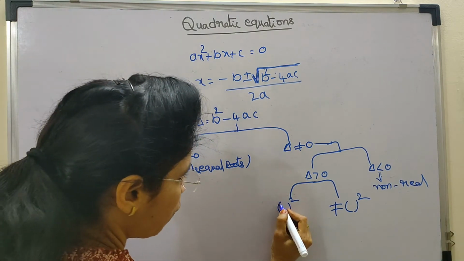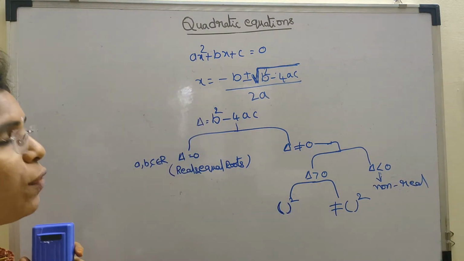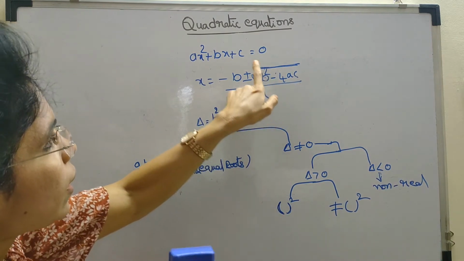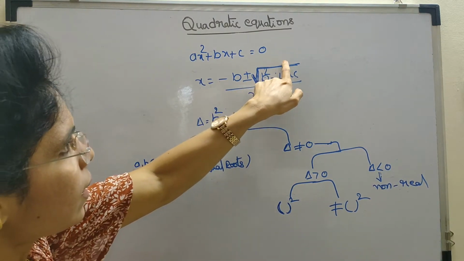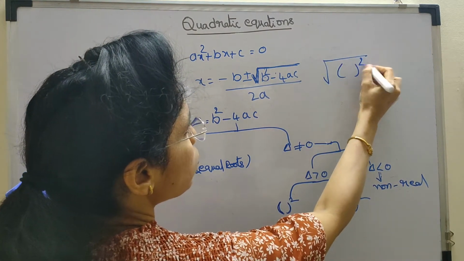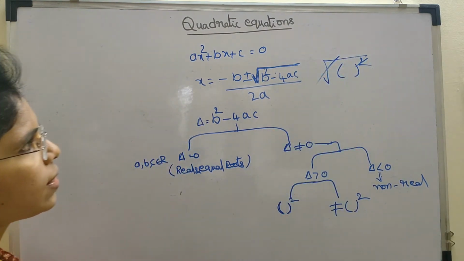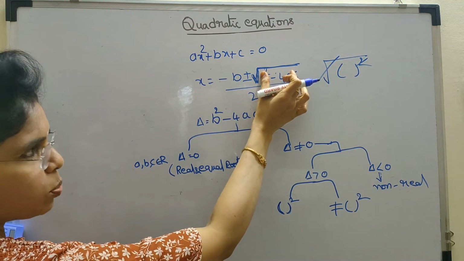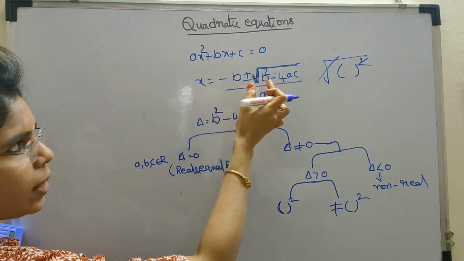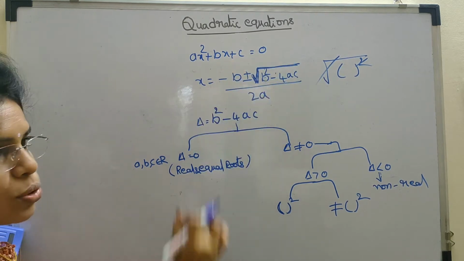If it is a perfect square, what will happen? If delta is a perfect square, the radical sign gets cancelled with the square. Suppose the square root of something whole squared, these two get cancelled. You have some ordinary expression here, so it will be added to and subtracted from b. You get some rational roots.